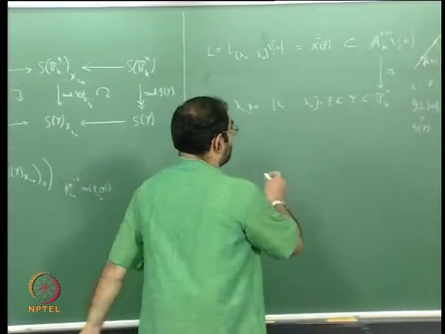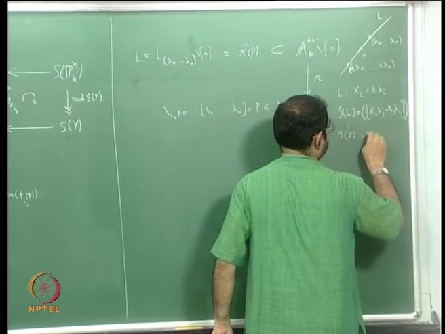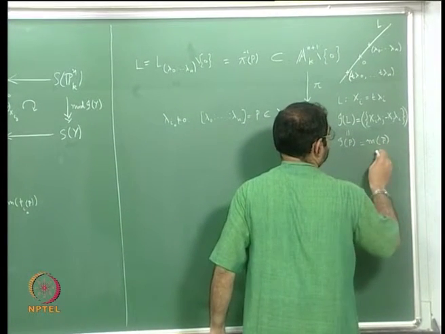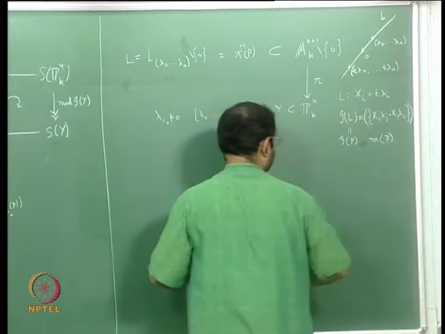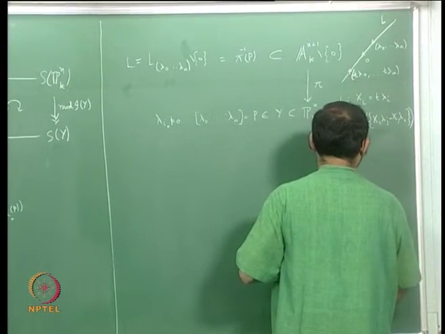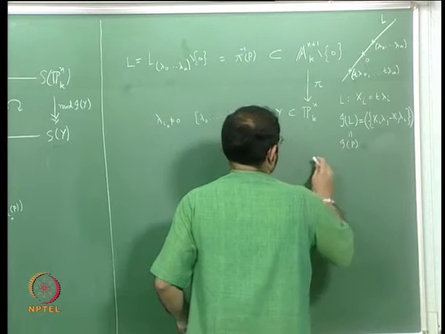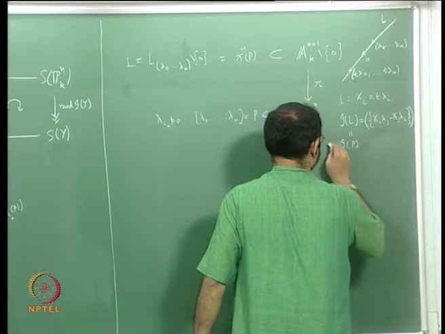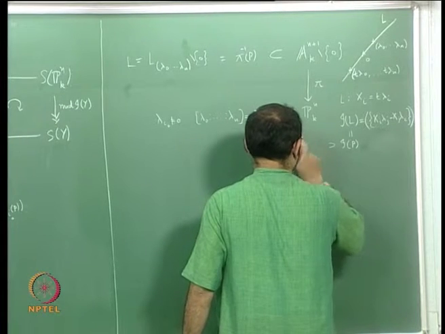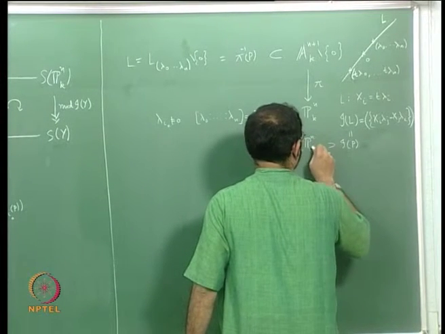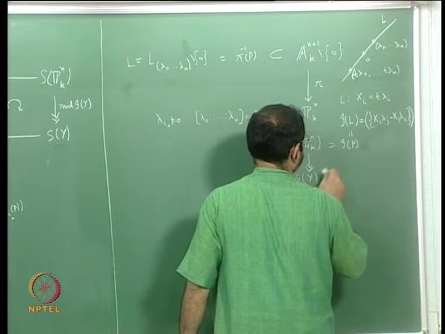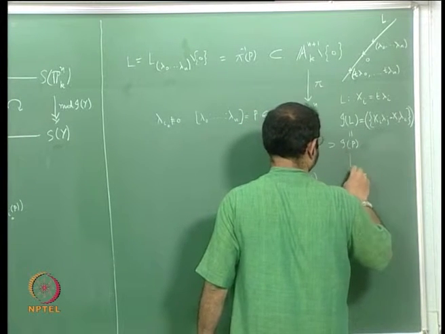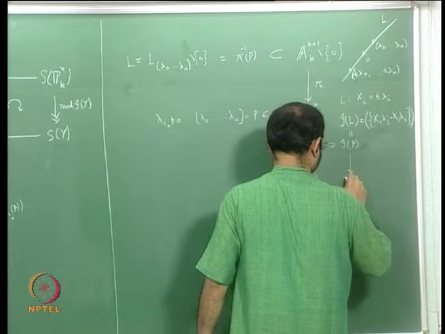So I am just saying that this is the same as m_p inside S_Y, and its quotient is m_p. So this sits inside S(P^n), and then you have a quotient which is S(Y), and its image there will be just m_p.